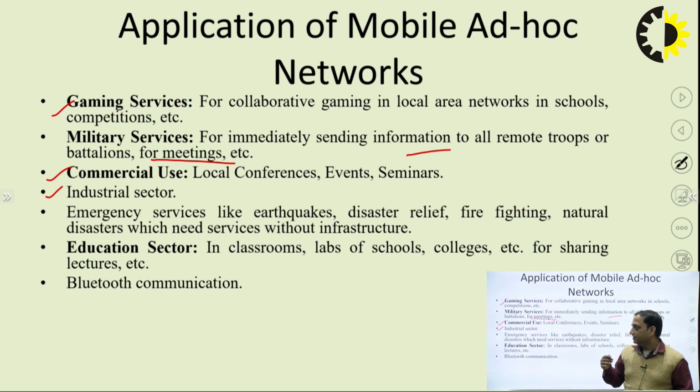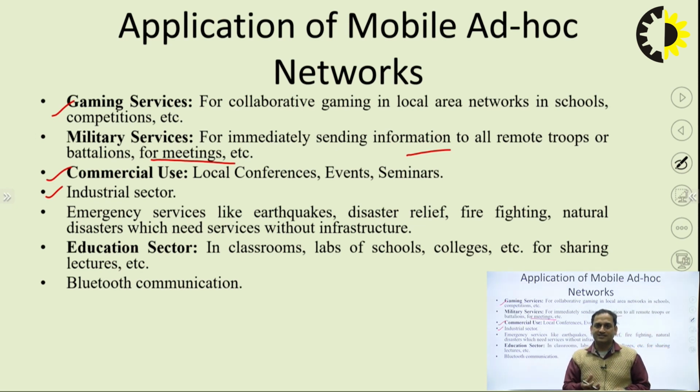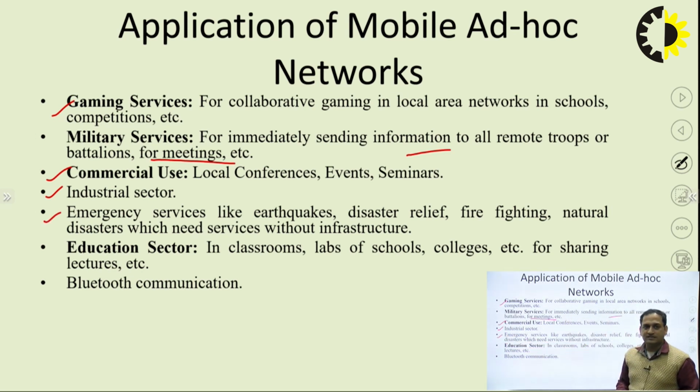If in the industrial sector we want to deploy different sensors, these sensors can check for leakage of gases or any leakage of oil, or if there is some burning or temperature increase. Many factors can be checked through the MANET system by deploying different nodes. Next is emergency services like earthquakes, disaster relief, firefighting, and so on.